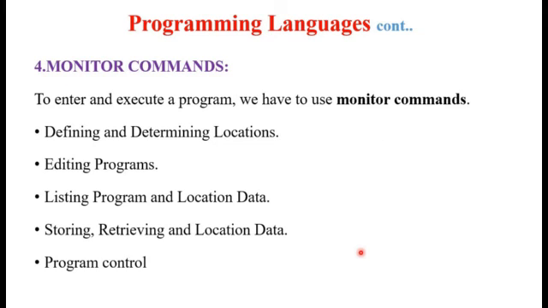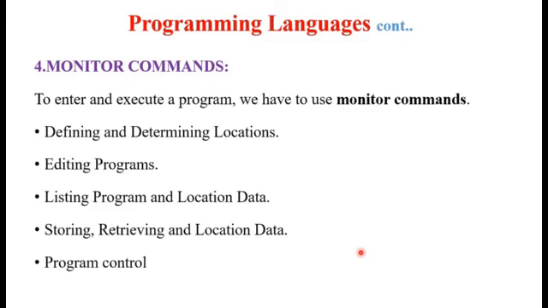Then next one is monitor commands. To enter and to execute a program, we have to use these monitor commands. These monitor commands are used in robotic programming languages to enter the set of instructions, and to execute these instructions, these monitor commands are required. Examples of these are defining and determining the locations, that is, define the locations and determine the points or locations of the robot.